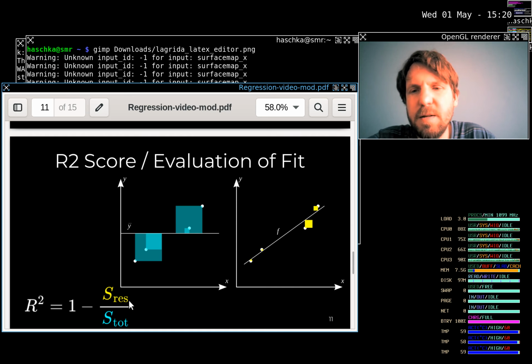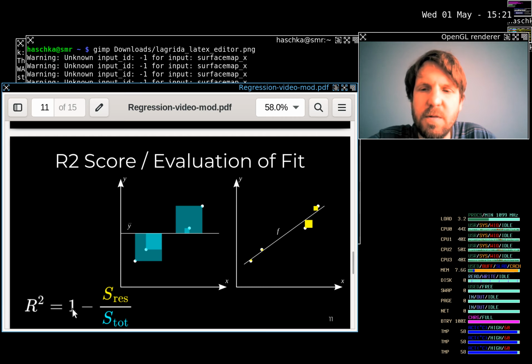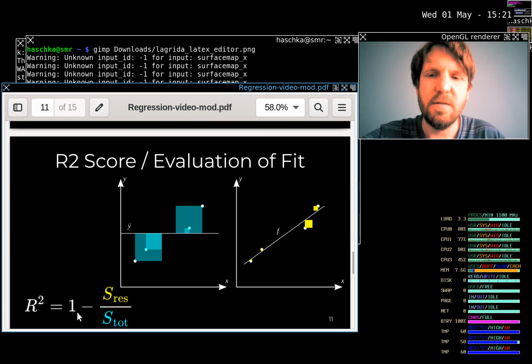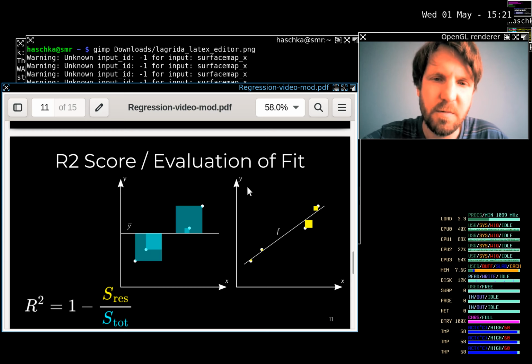So what will happen then, this will go to 0, and this will stay at 1. So in the perfect case, of course, this would be 1. The perfect case is not attainable, you can imagine, but you want to have at least some kind of positive number. Sometimes it can happen that this fit is, if I, for instance, would draw this like this in here, okay, then the squares would get even bigger than they are here in this figure.